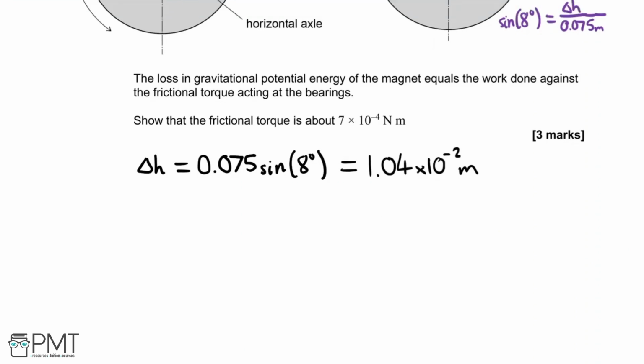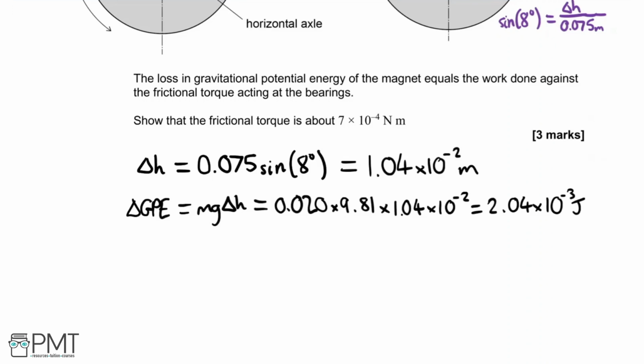So the overall change in gravitational potential energy of the magnet is going to be equal to this change in height multiplied by the magnet's mass and then multiplied by the gravitational field strength of 9.81 newtons per kilogram. So let's write that down. So that's the difference in energy. What we can then say is that that difference in energy is equal to the work done against the frictional torque.